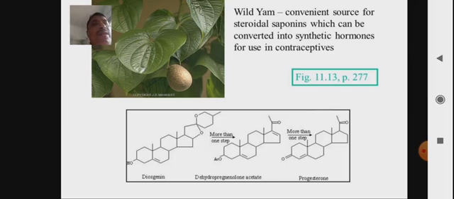The intermediate compound is dihydropregnenolone acetate, so diosgenin is converted to dihydropregnenolone acetate and then to progesterone. Progesterone is the hormone responsible for the development and maintenance of the uterus in the mother.